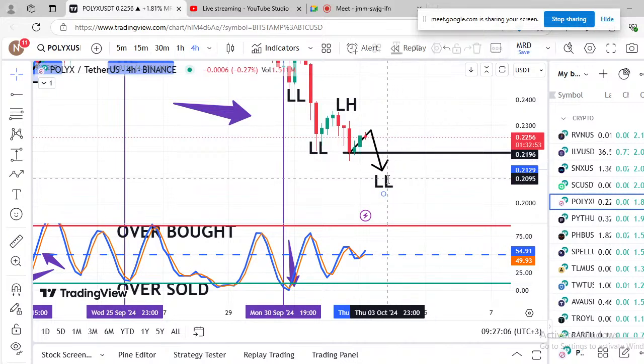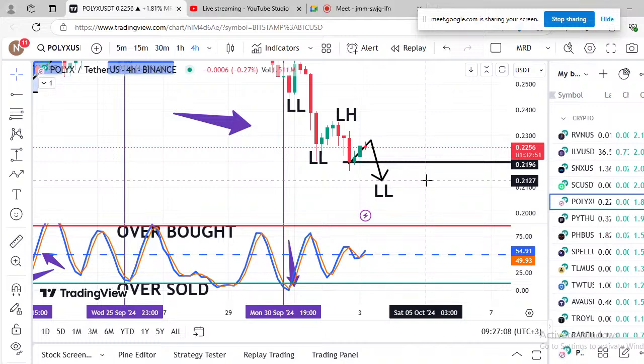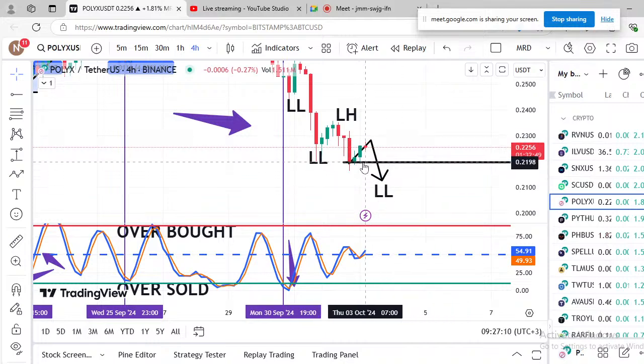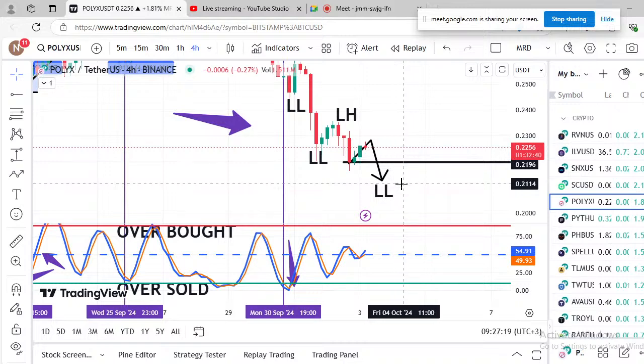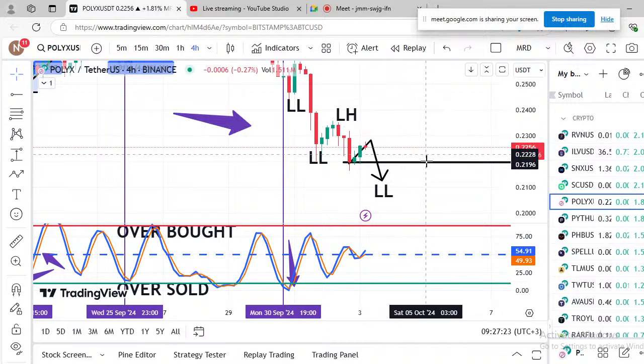You get the point? So now you can call this one demand when we don't break it. So far it can be demand as we speak. When we respect it, well and good.